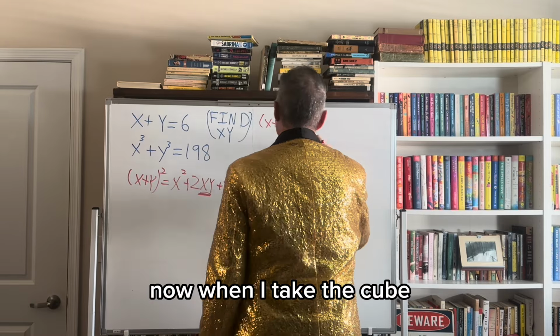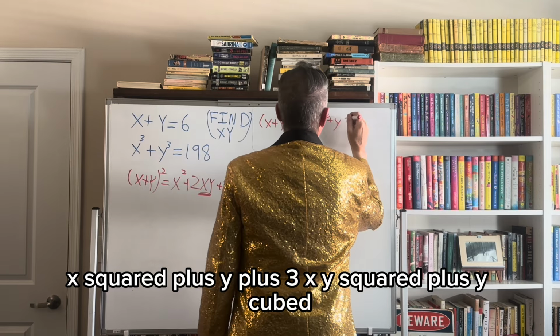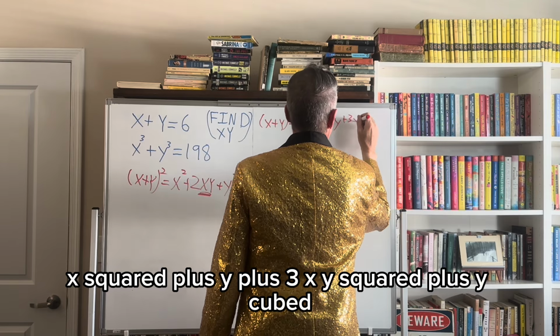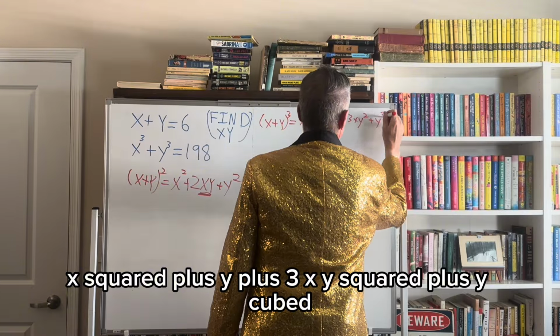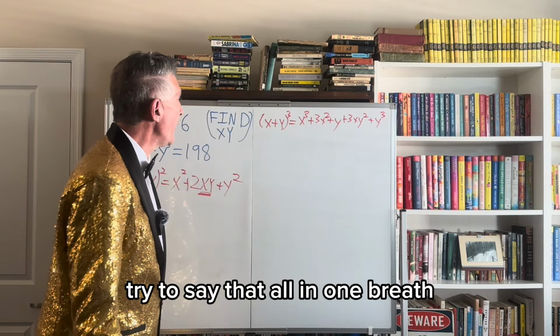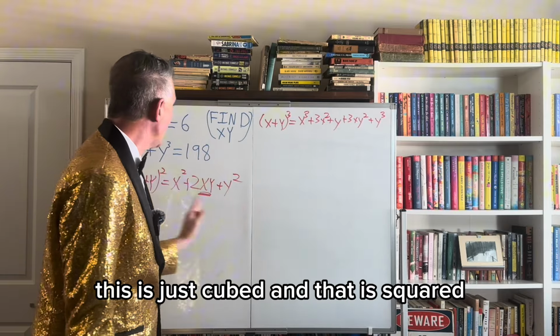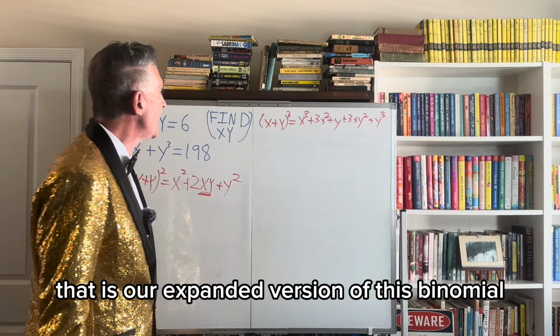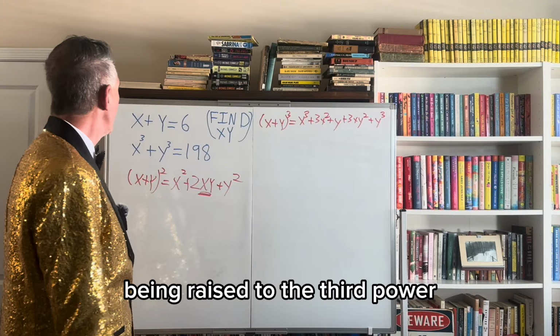When I take the cube, we've got x to the third plus 3x squared y plus 3xy squared plus y cubed. Try to say that all in one breath. That's the same thing as this: this is cubed and that is squared. That is our expanded version of this binomial being raised to the third power.